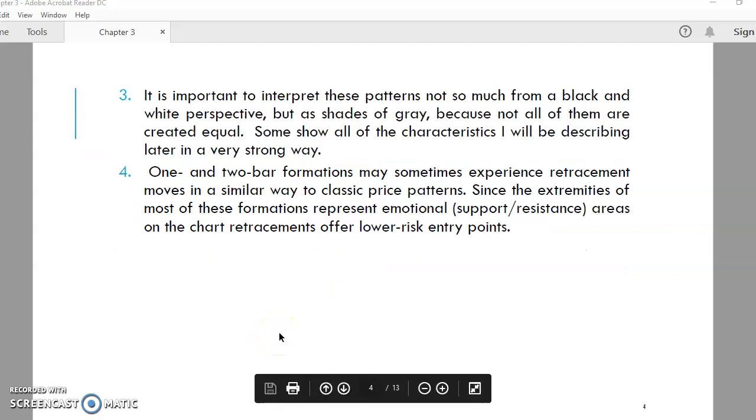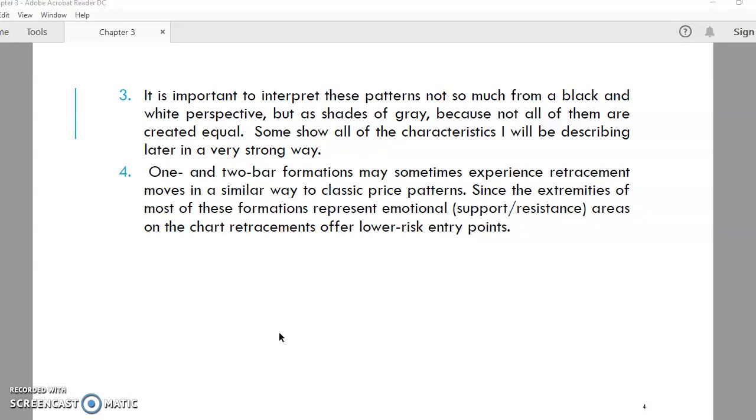And as I mentioned earlier, it's not the color but the pattern itself that is more important. Okay, 1 and 2 bar price formations may sometimes experience a retracement move in a similar way to classic price patterns. Since the extremes of most of these formations represent emotional support and resistance areas on the chart, retracements offer lower risk entry points.